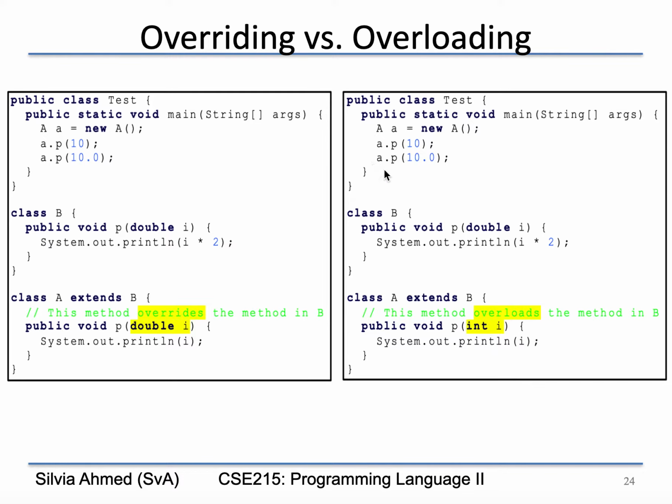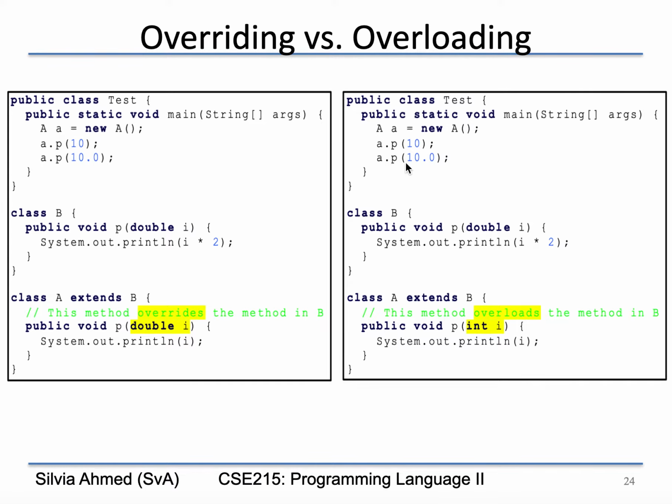When we call a.p(10.0), the method name is P, but the parameter type is double. So it will not call this one; rather it will call the inherited one which takes the double parameter. Inside this P, it prints twice the input.